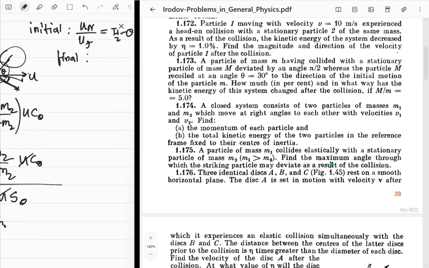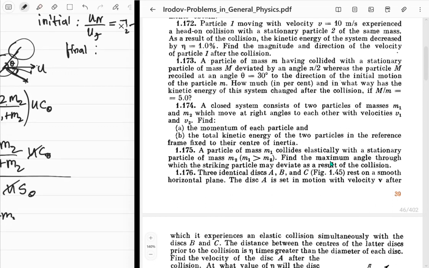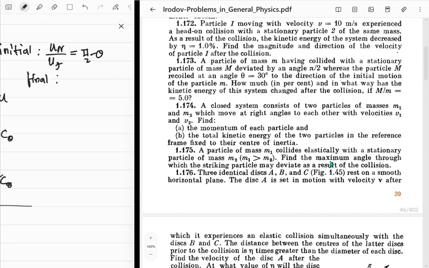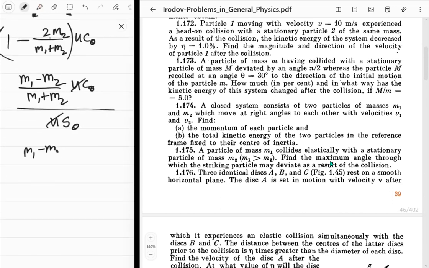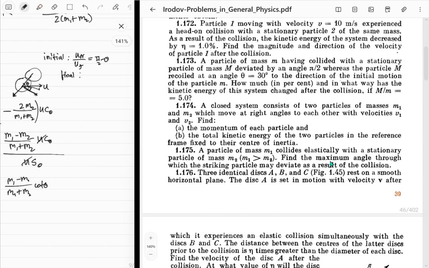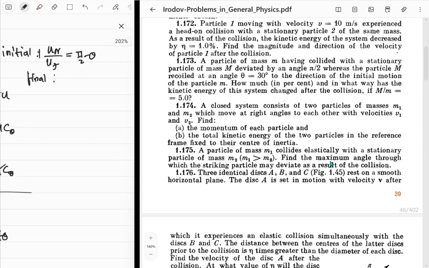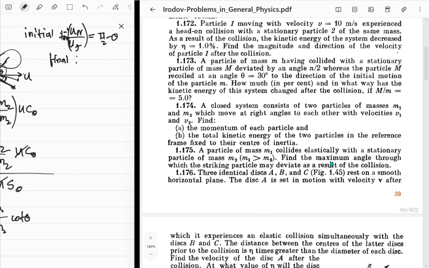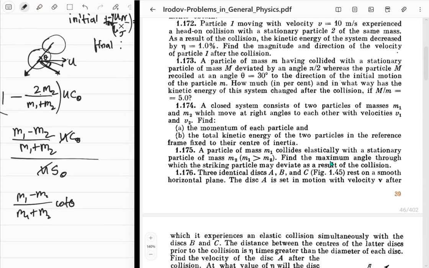Oh, actually it is correct. It's tan of whatever this angle is, and initially it was pi by 2 minus theta. So now it's going to be this thing times cot theta. Cot theta makes sense, actually. So tan inverse of this quantity.